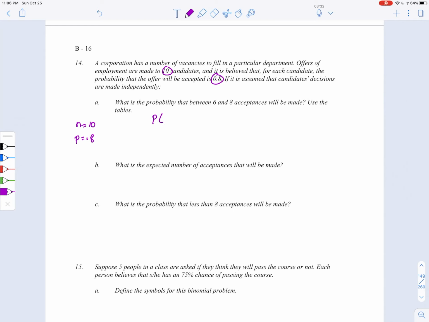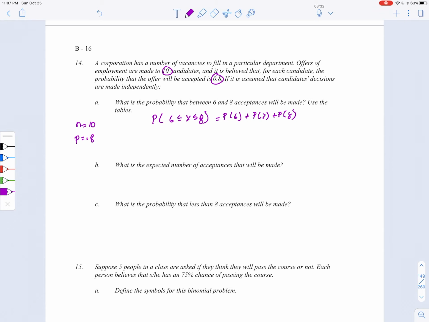We're looking at what is the probability that between 6 and 8 acceptances are made. When I say between, that would also be including 6 and 8. So that's going to be the probability of 6 plus 7 plus 8.